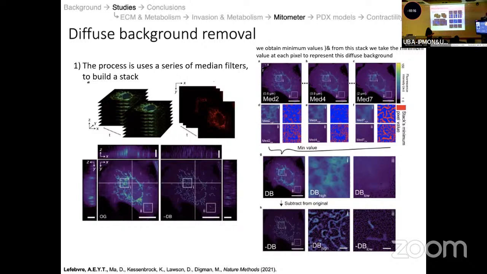You use a low diffuse background subtraction from this region, and by using a low diffuse background subtraction, you're able to identify structures that were not visible because of the background here.